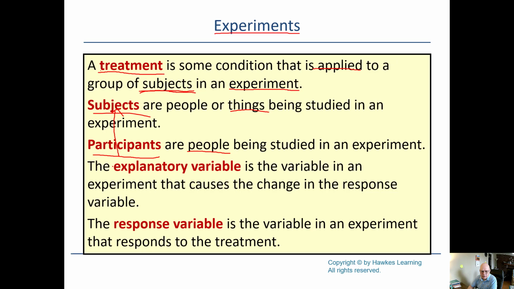So, for example, in the case of the pain reliever, the actual aspirin or ibuprofen or whatever it is is what you are using. You give it to the people, and the response variable is how much pain there is after you've taken that pain reliever. Explanatory is the one that comes first. Response is the one that comes second.